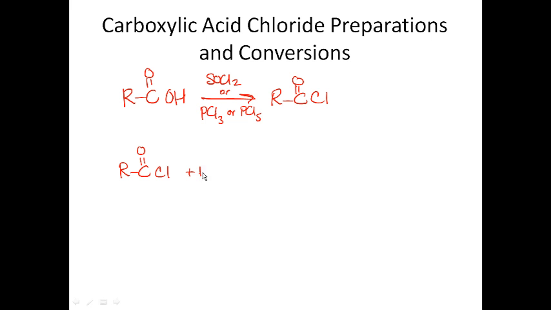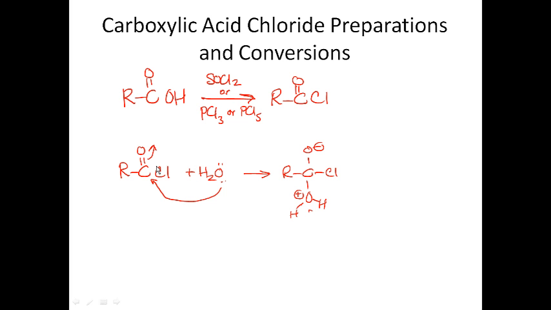Let's say I react an acid chloride with water. What's going to happen? Well, I'm going to take this pair of electrons and it's going to attack the carbonyl, and I'm going to get this O minus. I'm going to have down here an oxonium ion, and then I'm going to have my Cl minus. You'd say, but wait, doesn't the acid chloride need acid to have the water react?